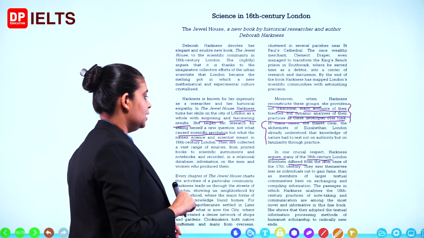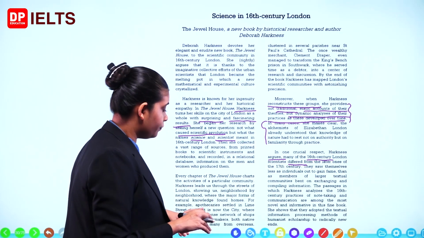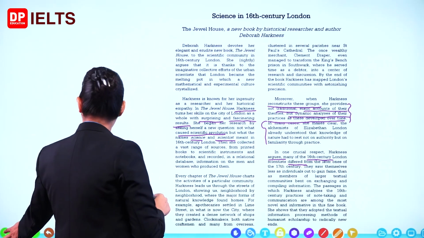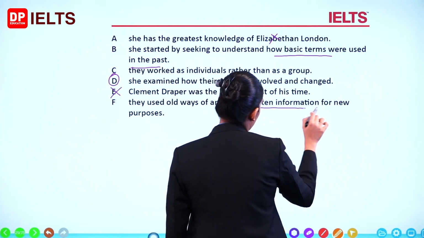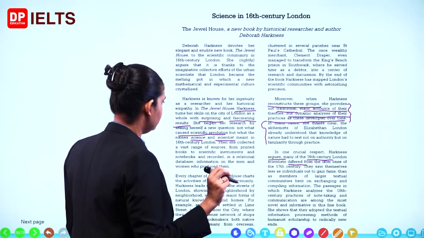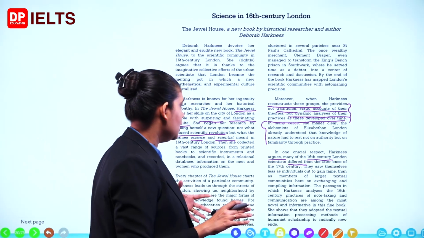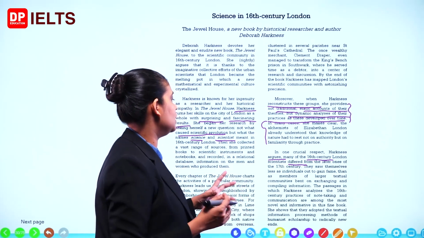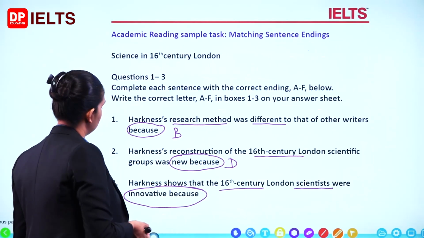Okay, and then 16th century practices of note-taking and communication are among the most novel and informative in this fine book. So what does she actually say? That they used old ways of analyzing information for new purposes. They differed because they didn't see themselves as seeking fame, but were having a look at larger textual communities bent on exchanging and compiling information. So the last one should be F.